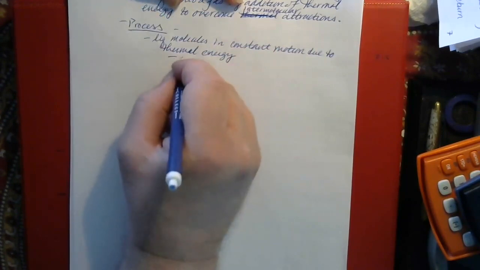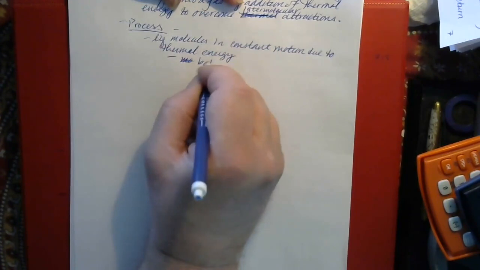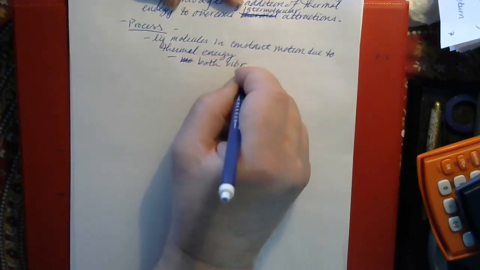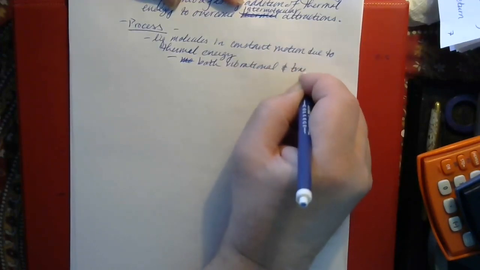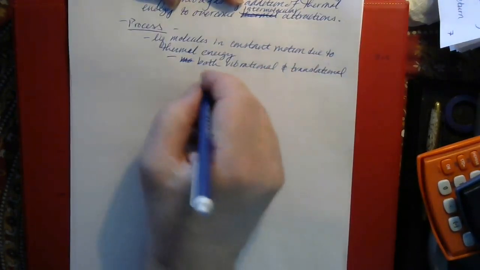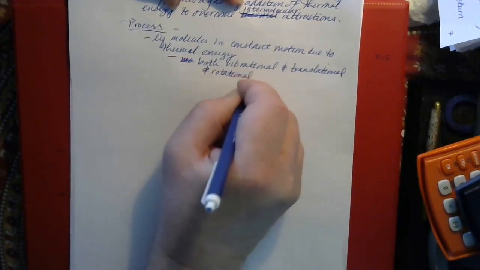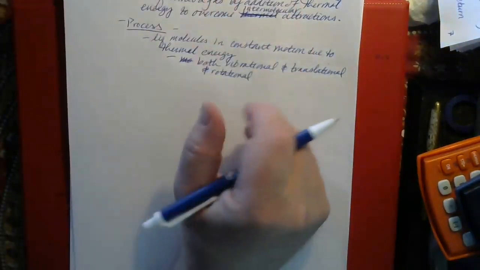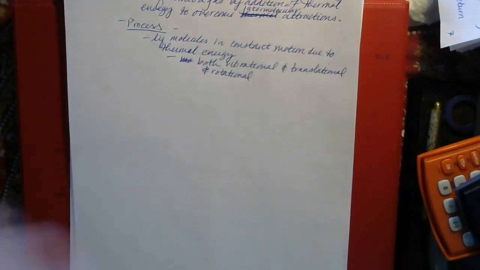The motion is both vibrational and translational, and rotational when it comes right down to it. So not only can the molecules vibrate in place, but they can actually rotate in place also, and they can move from one place to another. So that's translational motion.